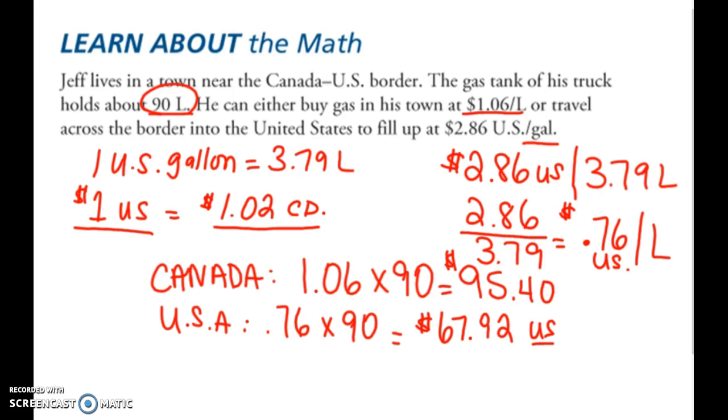So remember, 1 US dollar is equal to 1.02 Canadian dollars. So we need to times this amount by 1.02 to find out what that money amount is in Canadian dollars. So when we do that, we get 69.28.